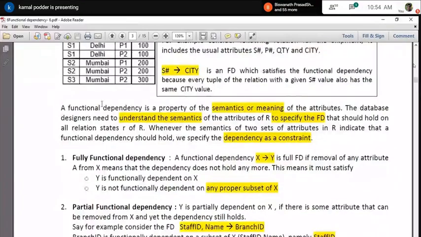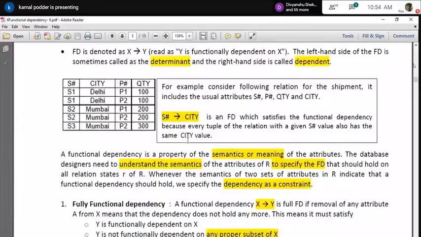A functional dependency is a property of the semantics or meaning of the attribute. Mind it, it is a property or meaning of the attribute. It is not that you are introducing the functional dependency. When there is data, it is an inherent property of the data that it will depend on other data. So you are not doing anything; it is a semantic meaning.